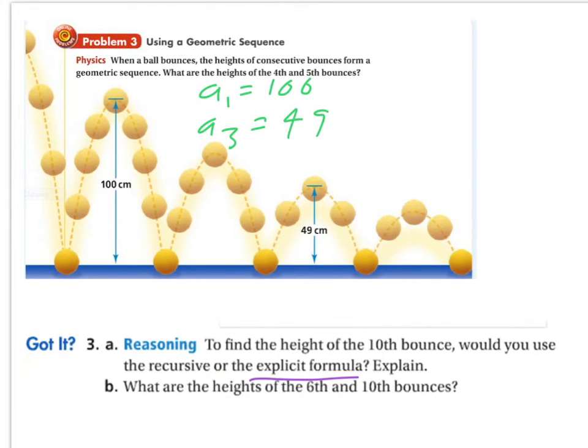So if I go to find my ratio, I know that the initial value, or let's start with this middle one, this would be 100 times the ratio, and 100 would be or the 49 I should say would be 100 times the ratio squared. Again, that gives me an equation that I can solve. 100r squared equals 49.